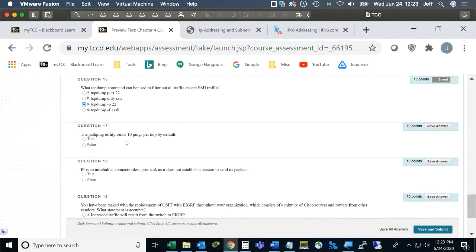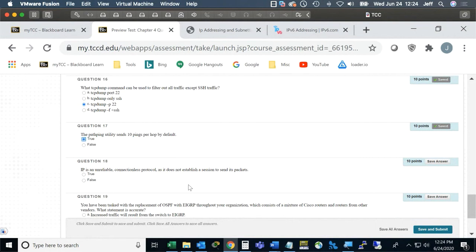The path ping utility sends 10 pings per hop by default. We'll go with true, but I've never used path ping, so I would not know. IP is an unreliable connectionless protocol as it does not establish a session to send its packets.